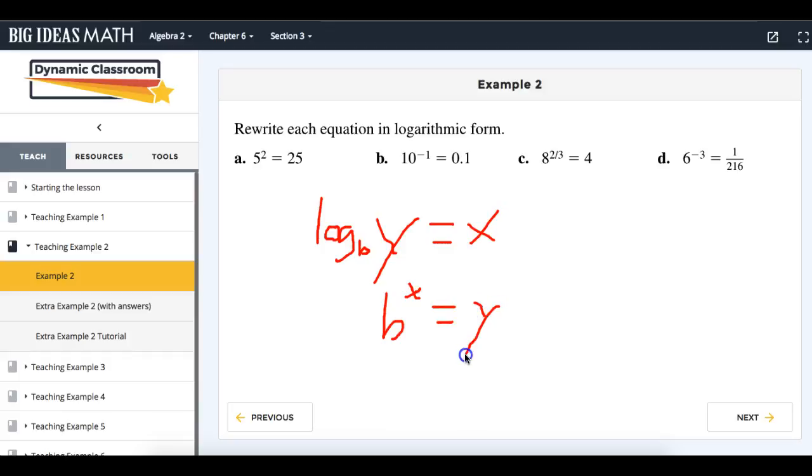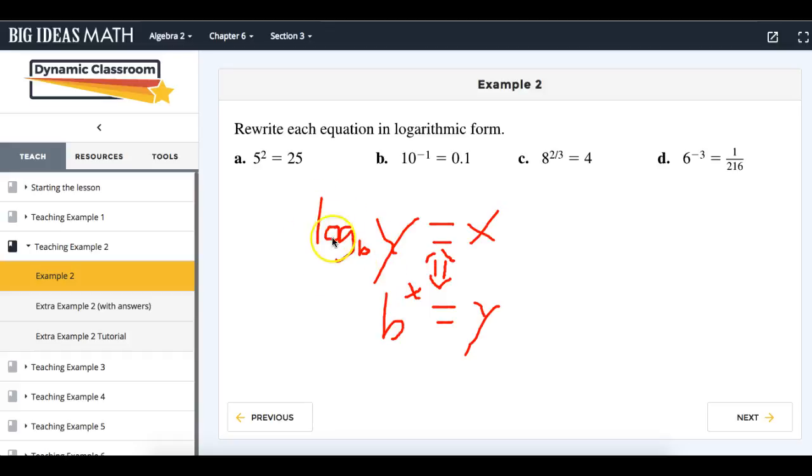Again, don't worry so much about trying to understand what this log is. All I'm telling you right now is that we're rewriting the exponential function in what is called our logarithmic form, and you know that these two equations are equivalent to each other. We're going to go into how to calculate log on your calculator later, but right now I just want you to know how to take an exponential equation and rewrite it in log form.